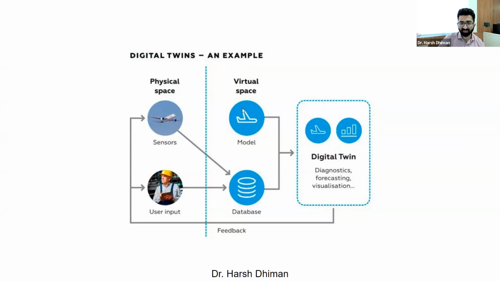Virtual space and physical space are two key components of a digital twin. Whatever actual physical device you have, an equivalent virtual model has to be developed, and that can only be developed if you are collecting continuous data via sensors.